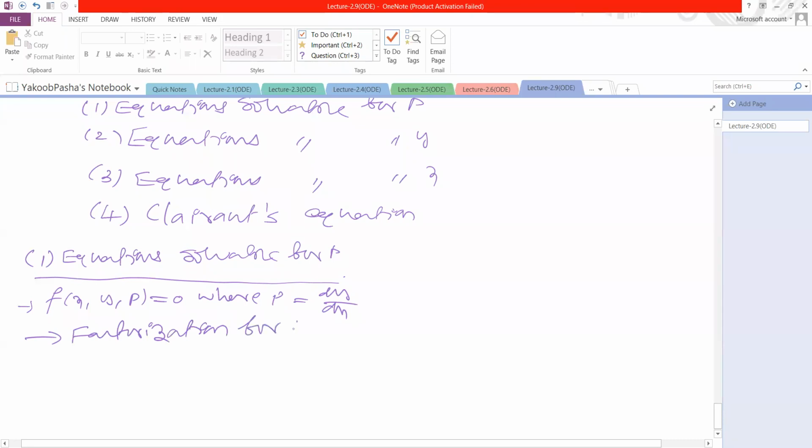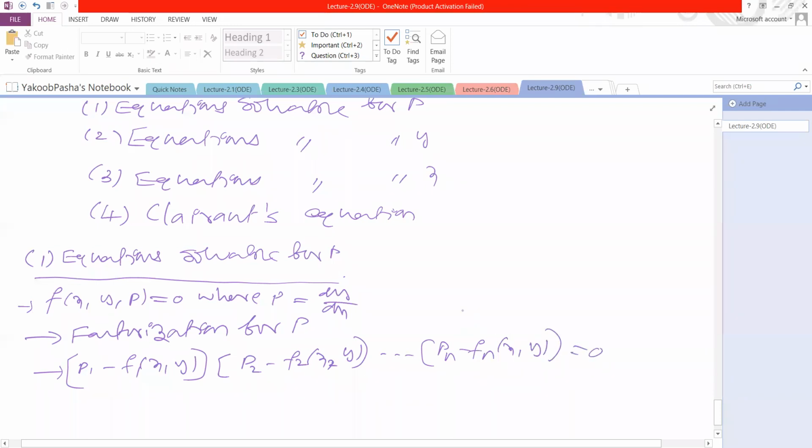Then we get equations of the form p minus f1 of x comma y, into p minus f2 of x comma y, and so on, p minus fn of x comma y is equal to 0.